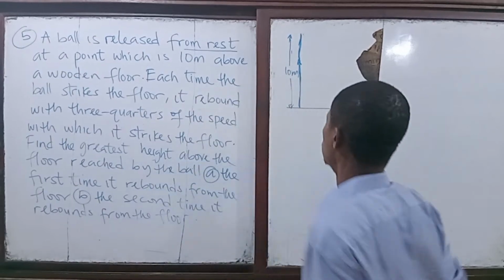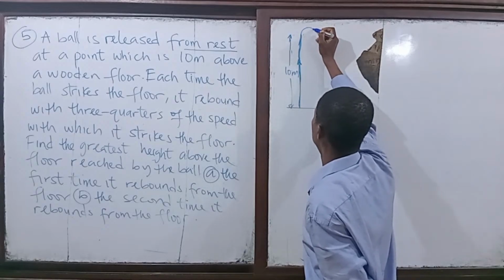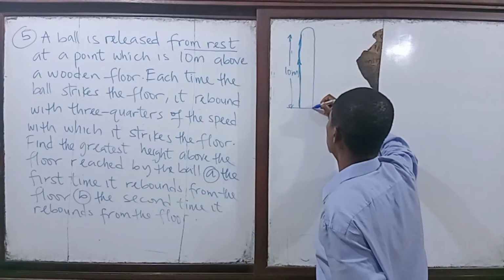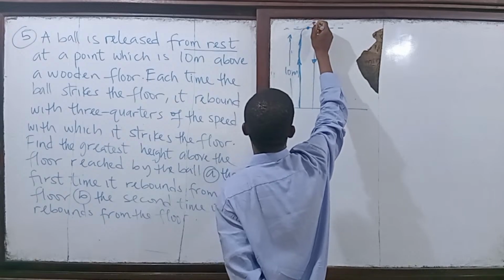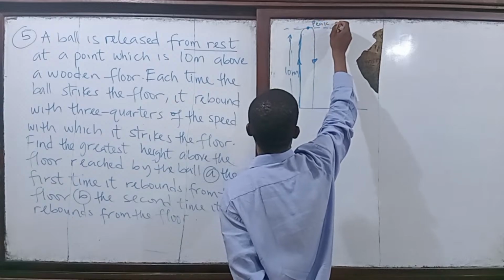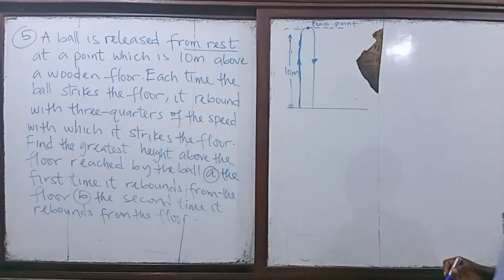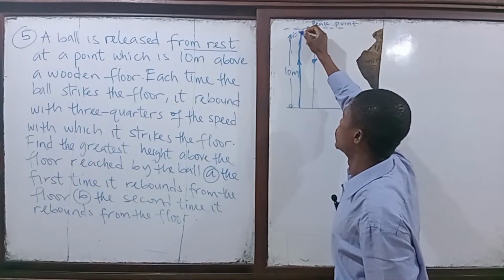So if it's released, it's going to follow this pattern and go down that way. That's the peak point, or the highest point. Preliminarily you must know that at the maximum height, v is 0.